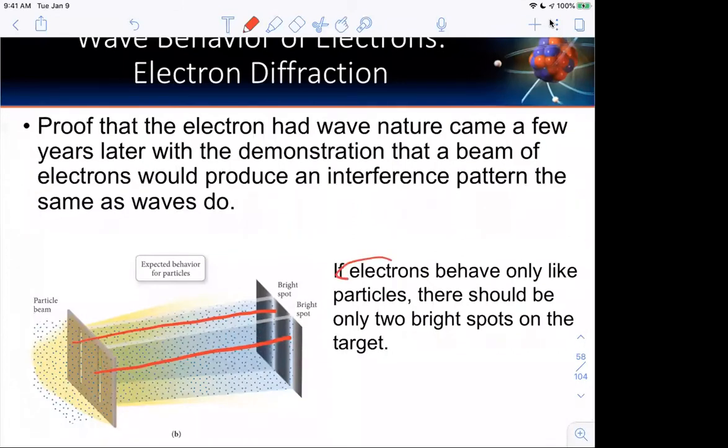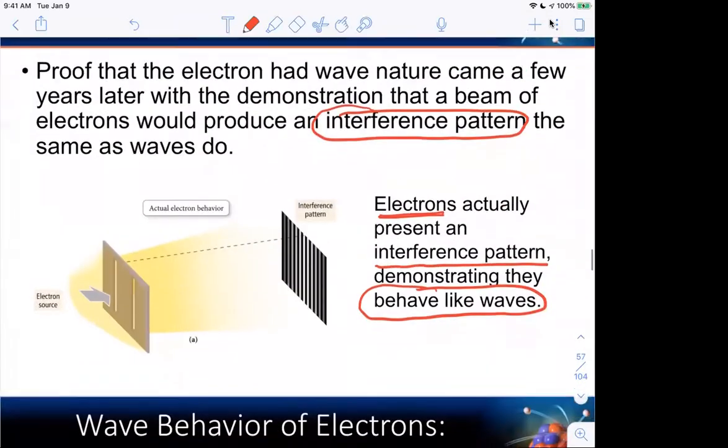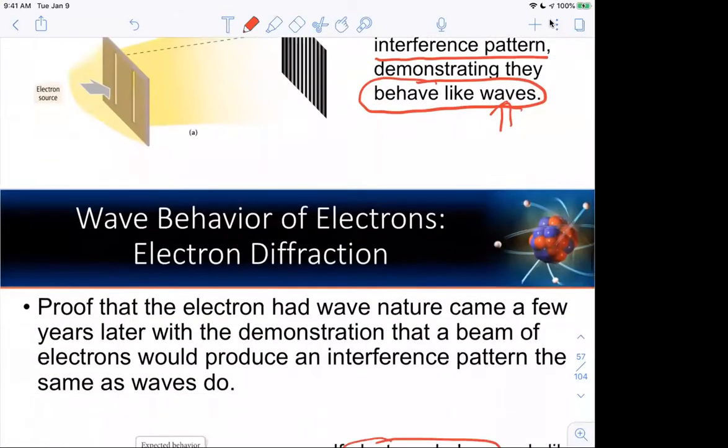So if they only behave as particles, there would only be two bright spots. But what we found is that they actually diffract and they actually show this interference pattern. So now we can conclude that they act like waves.